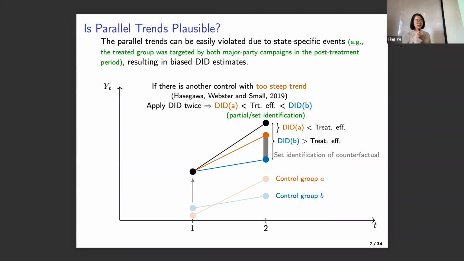And again, because identification of the treatment effect is equivalent to identification of the counterfactual, this gray region is actually the identified set for the counterfactual outcome for the treated in the post-treatment period. In the rest of the talk, I will focus on the partial identification of the counterfactual outcome for the treated group.